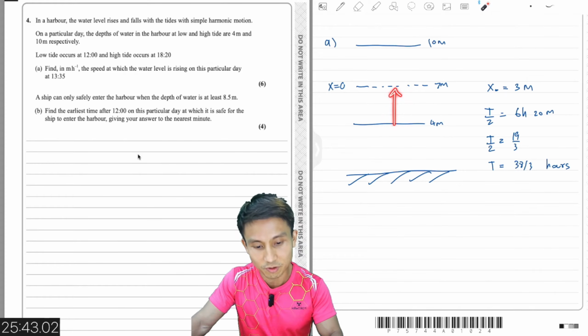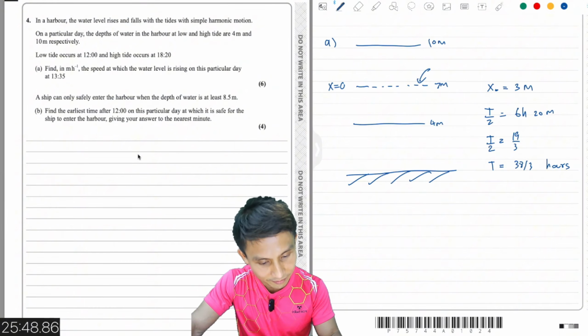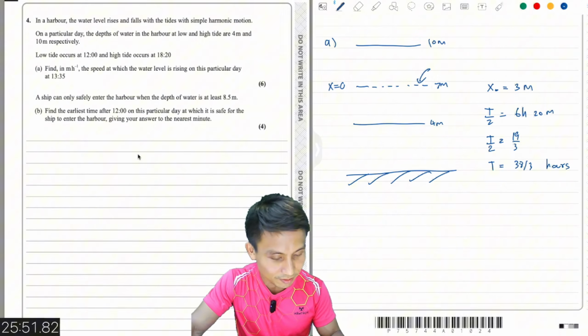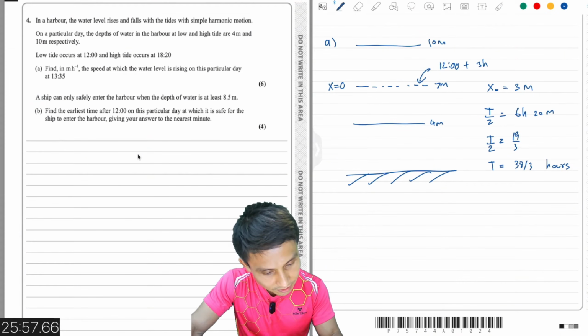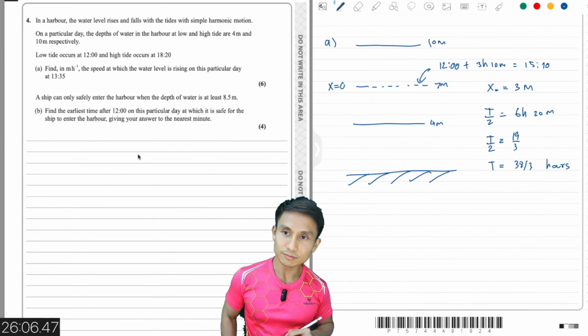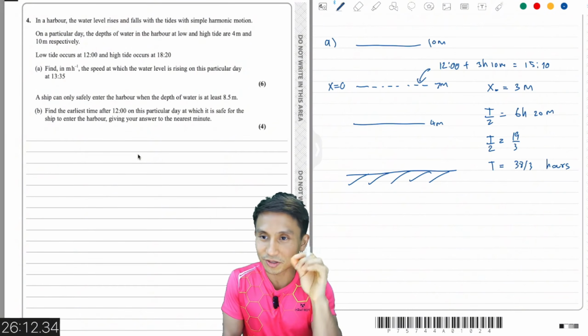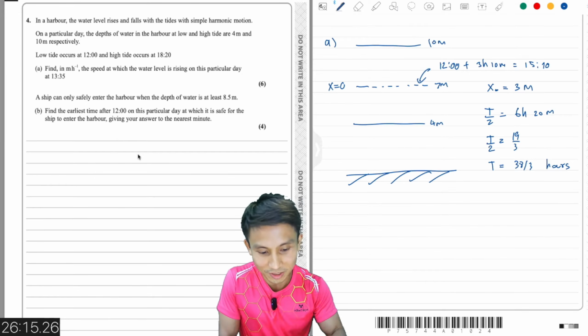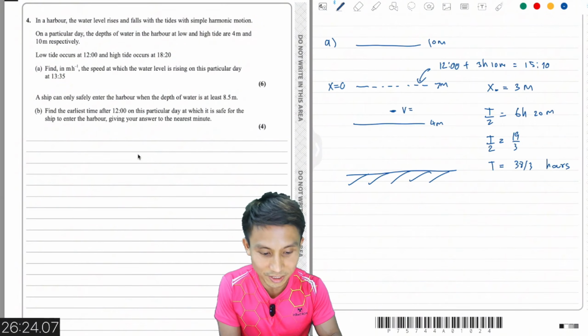That means low tide to equilibrium is going to reach this level the first time at 12 o'clock plus 3 hours and 10 minutes, so that's going to be 15:10 hours. So the 13:35 here is actually below the equilibrium. So it's probably somewhere here. We want to find the speed at this location.